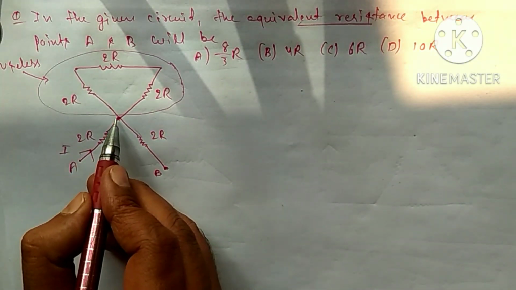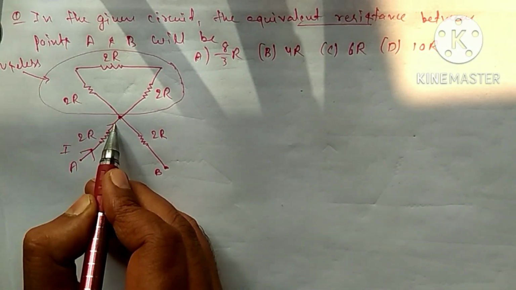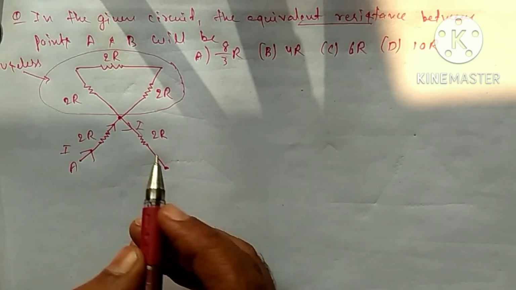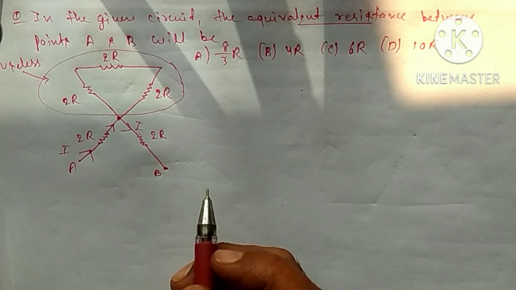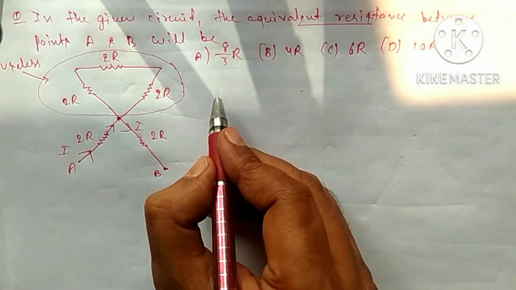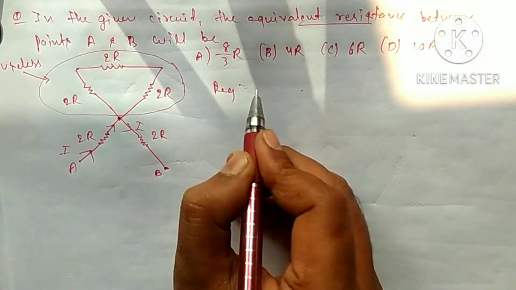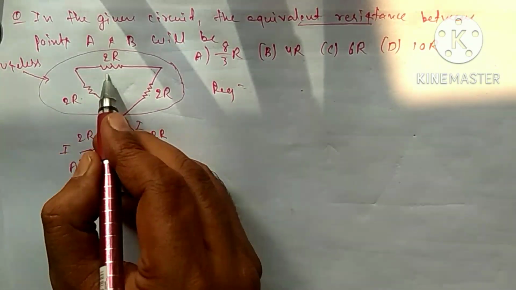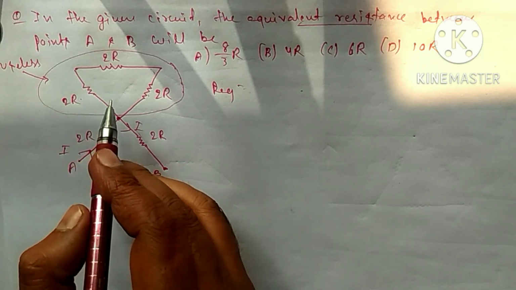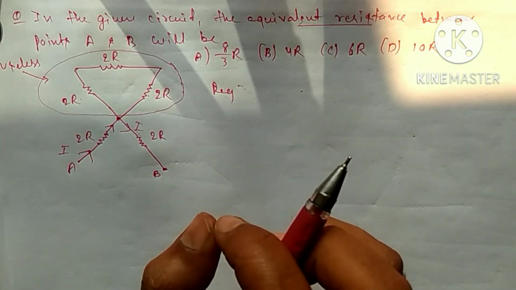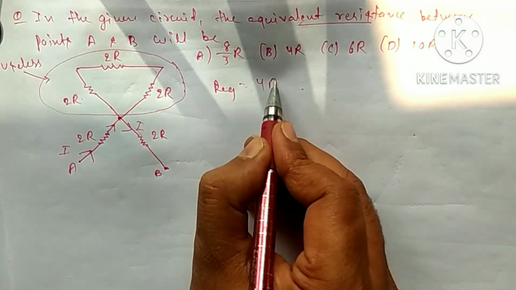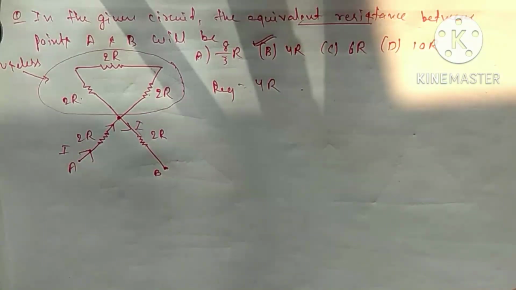We simply find the equivalent resistance by eliminating the 2R, 2R, 2R, which we consider useless. So the only equivalent resistance is 2R plus 2R, that is 4R. So the final answer is B.